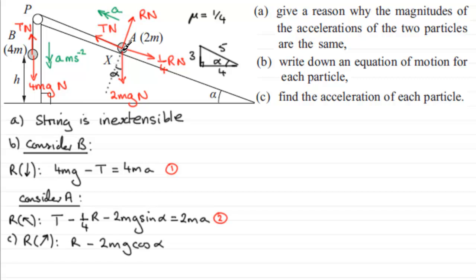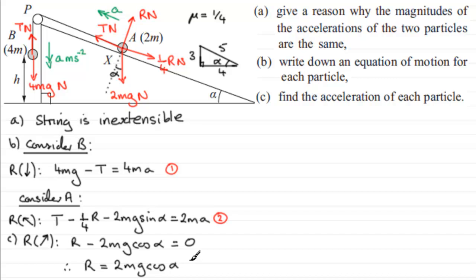It's neither leaving the plane or moving into the plane. It's in relative equilibrium in this direction. So that resultant force must equal 0. And so from this equation, if I add 2mg cos alpha to both sides, I therefore have R equals 2mg cos alpha.